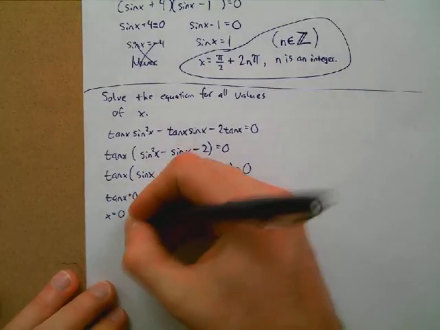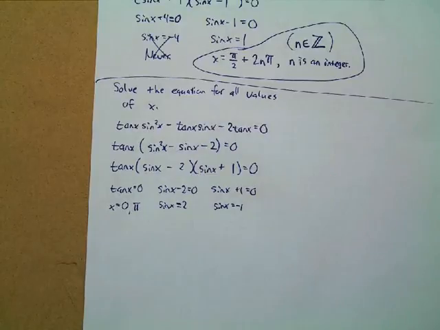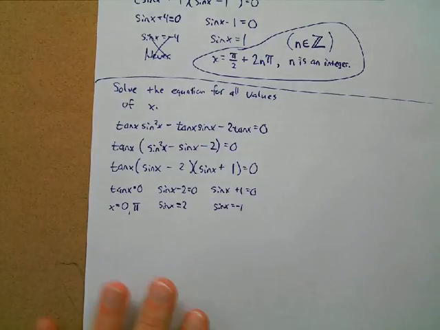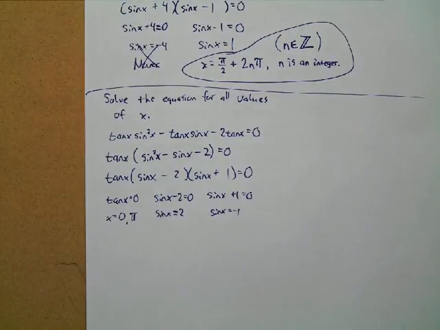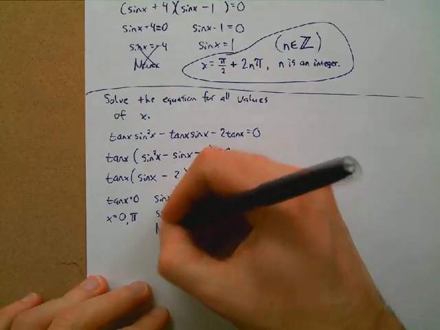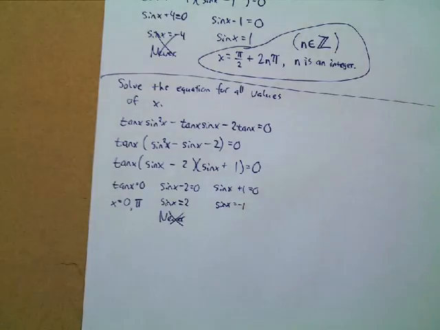Okay. Sine of x equals 2 when that's right, never. Okay, sine of x equals -1 when x is what? 3 pi over 2. 3 pi over 2, or 3 pi halves.